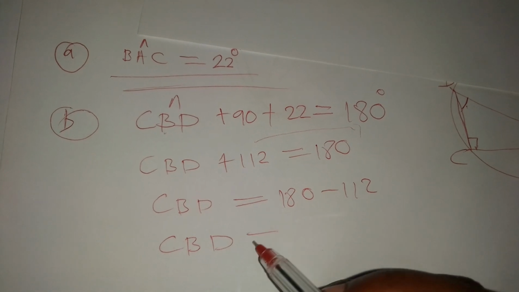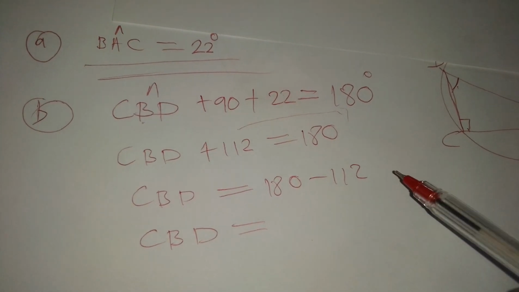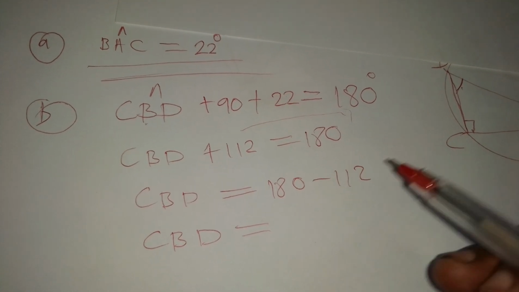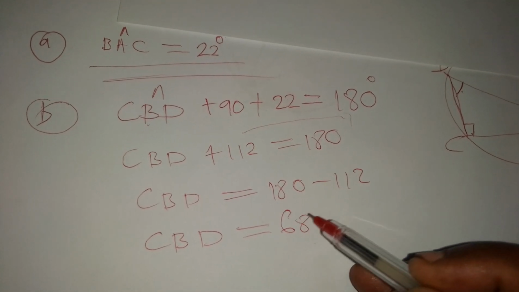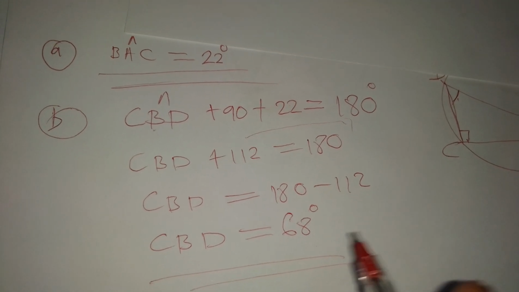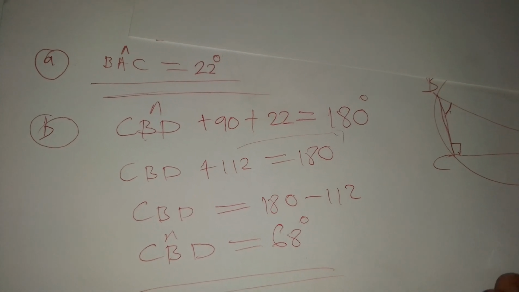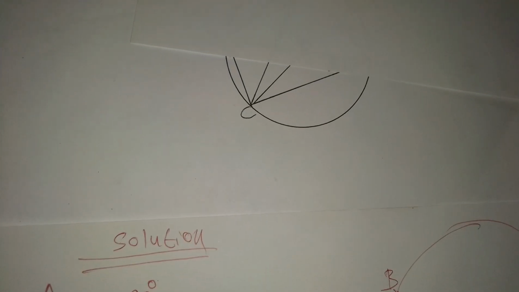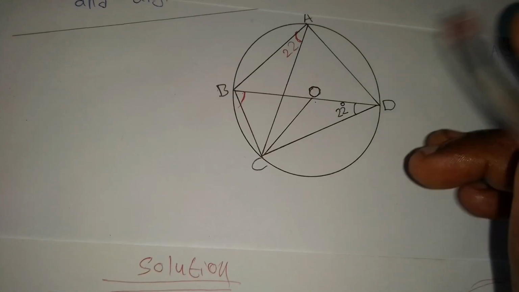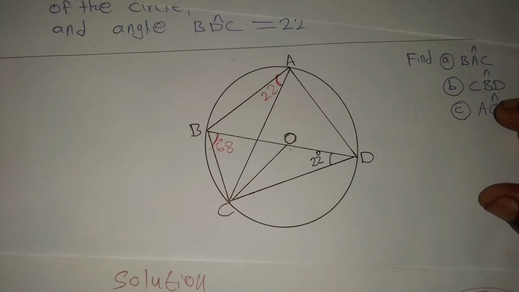CBD is our target. From 180 we take away 112, so 180 minus 112 is 68 degrees. So on CBD here, on B, we have 68 degrees. Okay, so we have solved.